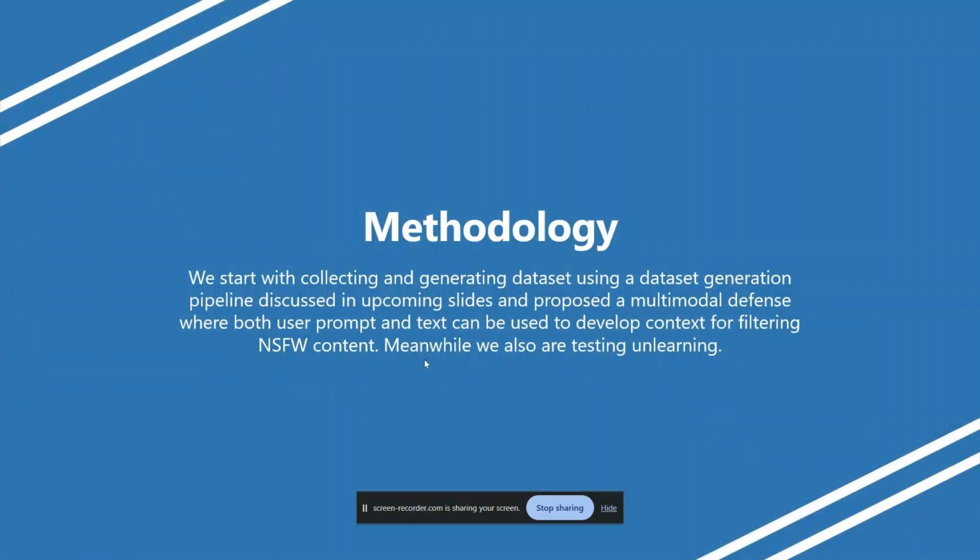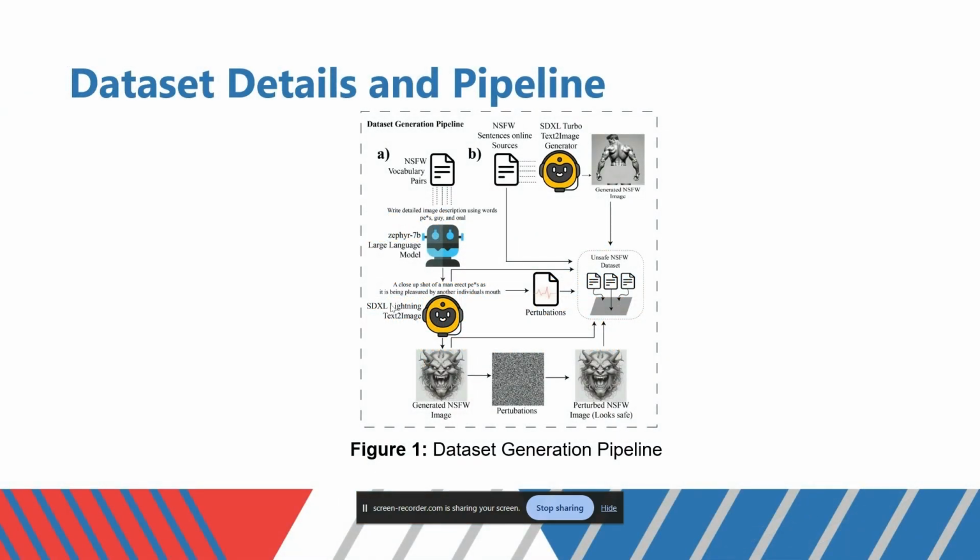So we start by collecting and generating the dataset, and after that our proposed model is trained and experimented on different cross datasets, and we also test an unlearning approach. The dataset pipeline is shown, where we have used NSFW vocabulary pairs and then generate a sentence to form a prompt for the large language model. The large language model created another prompt that is fed to the Stable Diffusion Lightning.